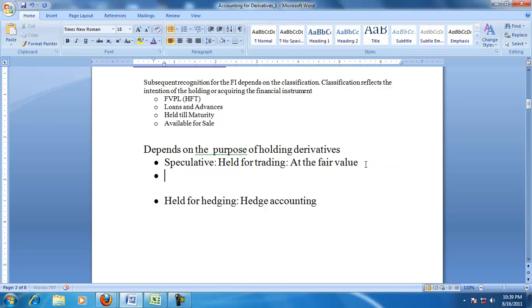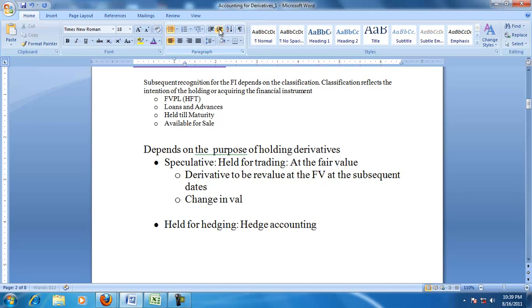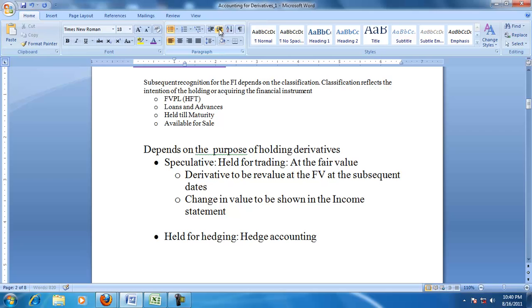The derivative is to be revalued at fair value at subsequent dates, and the changes in value are shown in the income statement, same as for financial instruments held for trading.